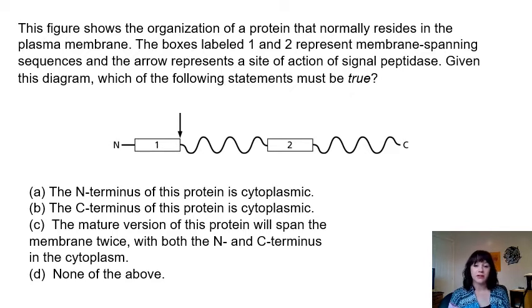So we can predict how this protein is going to orient itself in the plasma membrane. You have some different options to choose from here. Take a minute, pause the video, and think about how this would get inserted into the translocator, what would happen once protein synthesis continues, and what this protein would end up finally looking like in the plasma membrane.